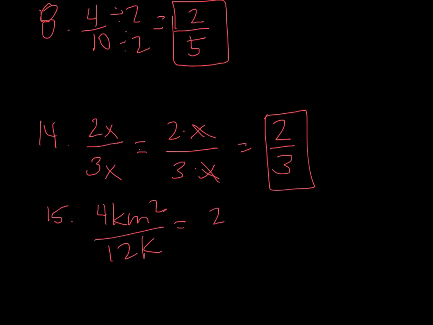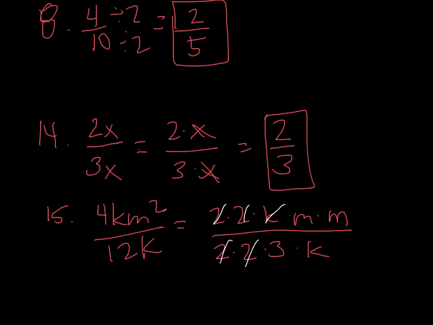So for 4, I would do 2 times 2 times k times m, all over 2 times 2, which is 4, and 4 times 3 makes 12, times k. Okay, so now I go through: 2, 2, 2, 2, k. So I would be left with m times m, or m squared on the top, and 3 on the bottom. So that's what we should be getting for number 15.